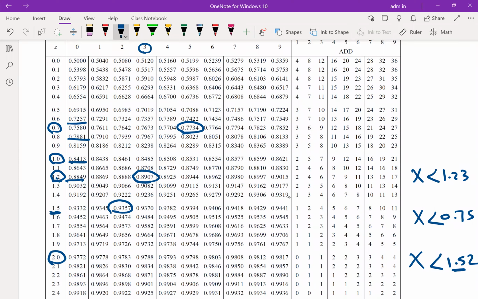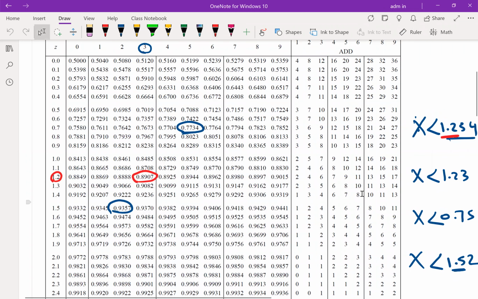Clear? If it is X less than 1.234, now we'll explain if you have 3 decimal places. 1.234. Find 1.23 first. Look now at the right side.